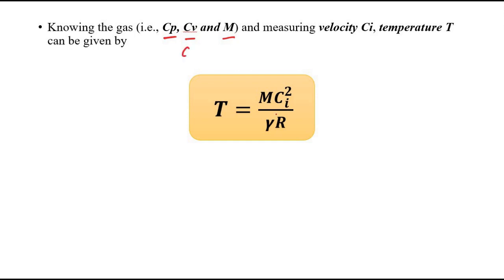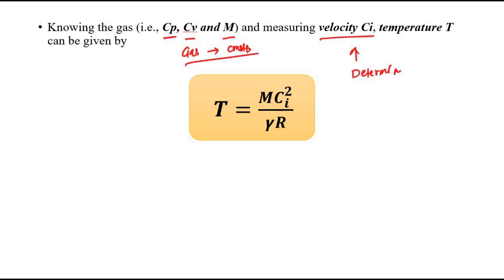For a particular gas, these values are constant and can be determined. Now we have to determine the velocity of propagation through the ideal gas, the velocity of the longitudinal acoustic wave.